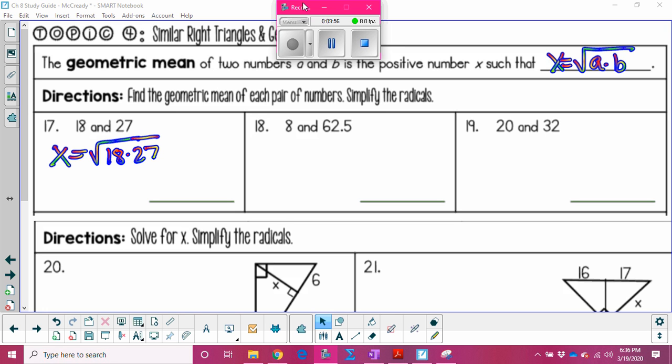All right, and we know that 18 times 27 is 486. According to the directions, we need to simplify the radical. Okay, so I also know that 486 is 81 times 6. I know the square root of 81 is 9, so we have 9 root 6.